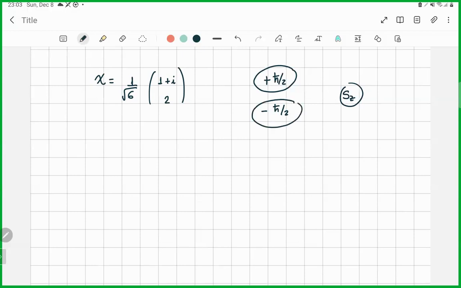Okay, well, this part is very simple because this state here is written in the Z basis, in the basis of the spin operator in the Z direction.